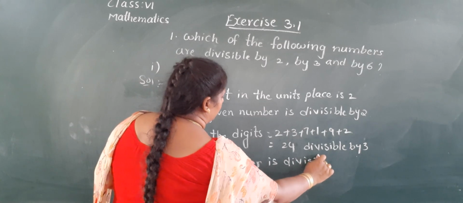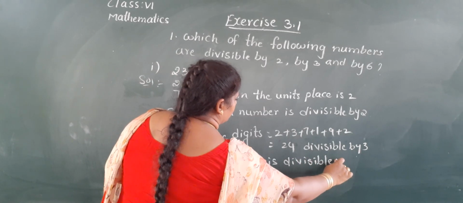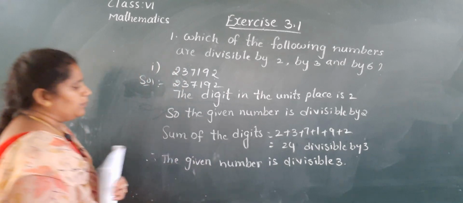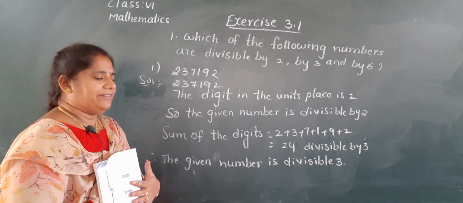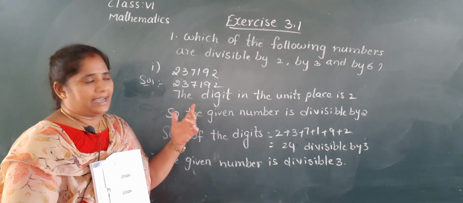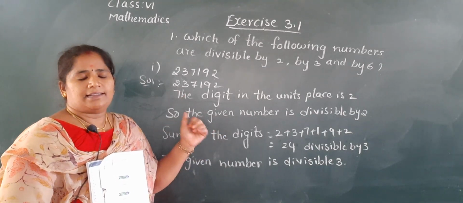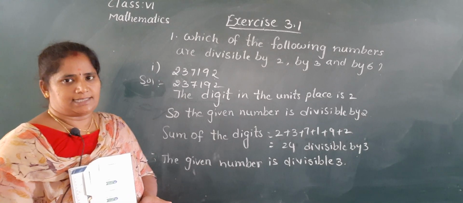Now we have to check divisibility by 6. What is the divisibility by 6? If the given number is divisible by both 2 and 3, then it is divisible by 6.